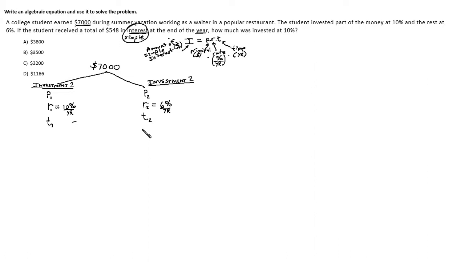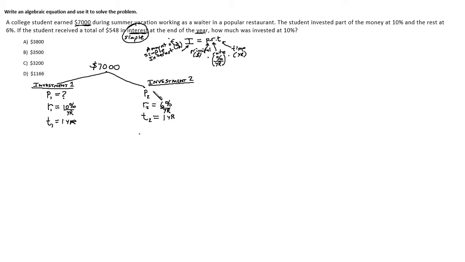We know that the time he's going to let each investment sit is 1 year, because they say at the end of the year. So time 1 and time 2 are both 1 year long. Now, they're not telling us how much he's putting into investment 1, so we're just going to say, I don't know how much he put in here.